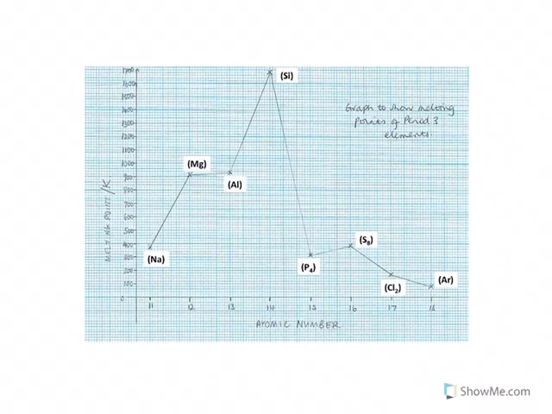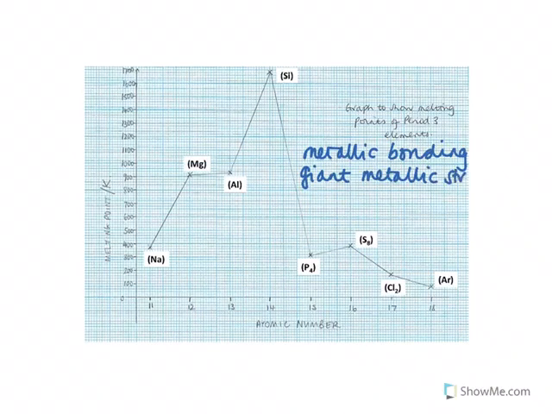As metals, of course, they experience metallic bonding, and therefore they have giant metallic structure, which corresponds to a lattice of layers of positively charged metal ions surrounded by a sea of delocalized electrons.